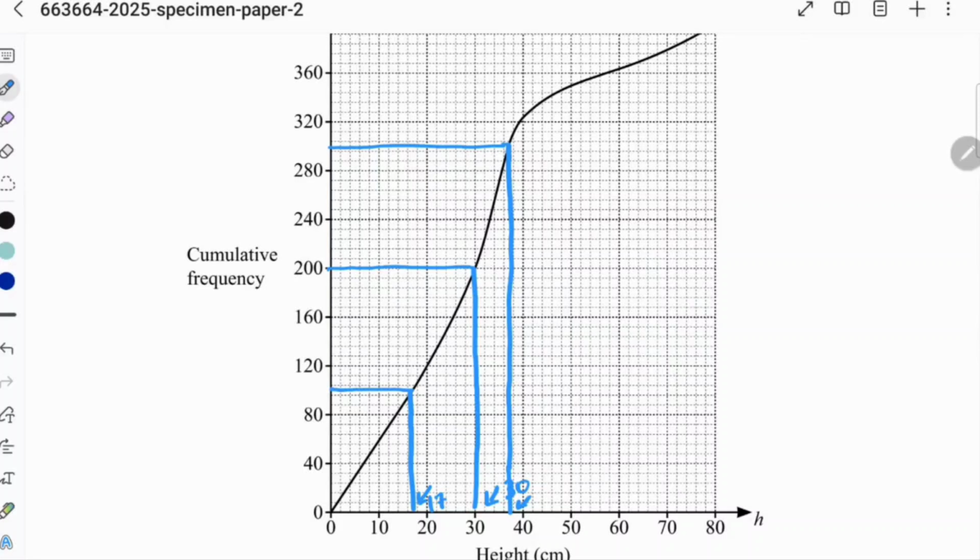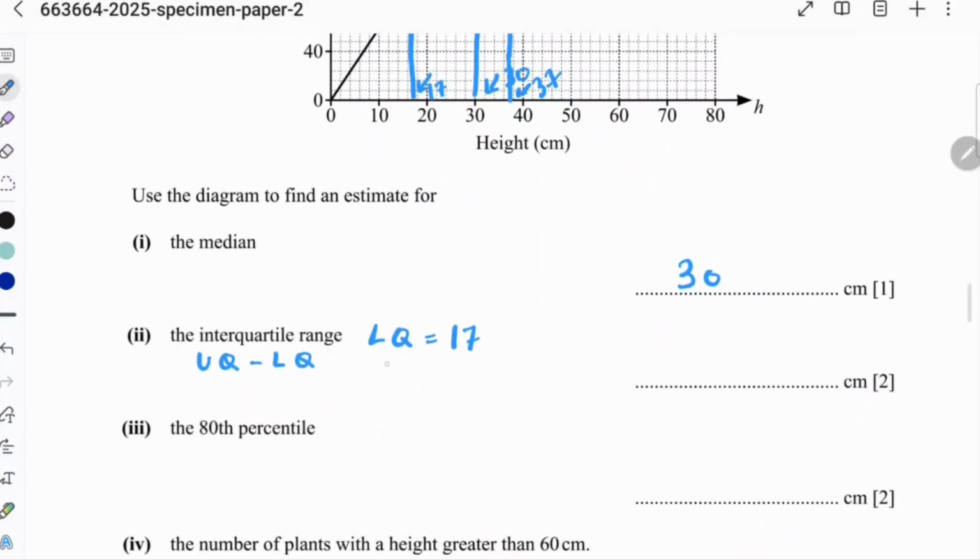So this is your upper quartile, 30, 32, 34, 36. It's coming at 37. So the upper quartile is 37. The upper quartile minus the lower quartile is 37 minus 17, which equals 20. So 20 is your interquartile range.